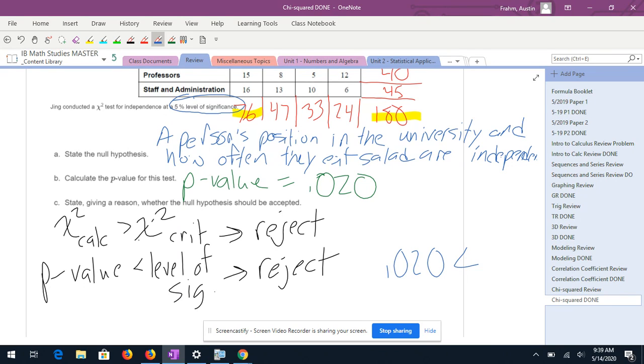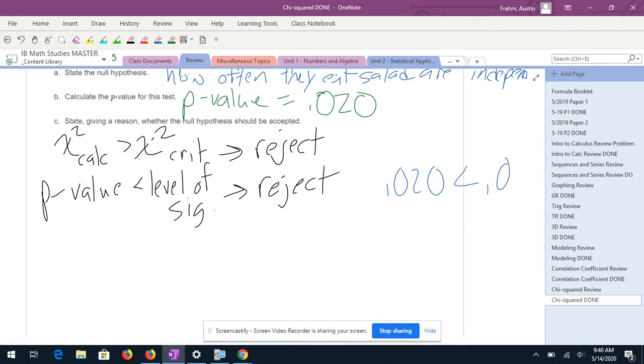We need to change that into a decimal, which would be 0.05. So we need to ask ourselves, is 0.020 less than 0.05? And it is. So since we are rejecting, we would write that we do not accept the null hypothesis.